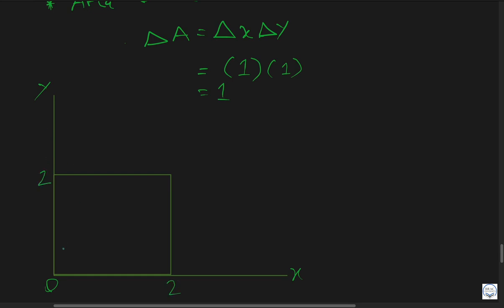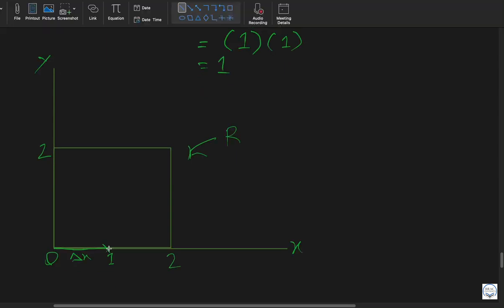Now we want to draw the grid that we will need. Right, this is our region R. Now x starts from 0 and moves 1 unit by delta x.